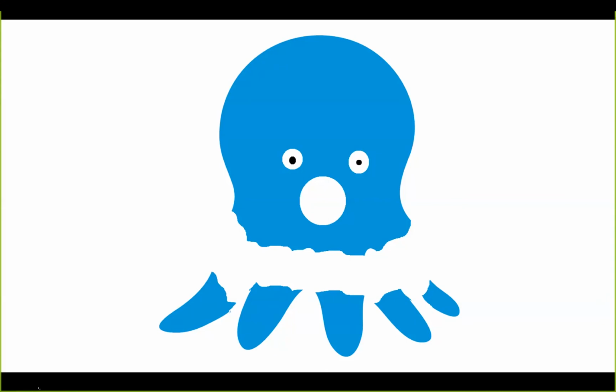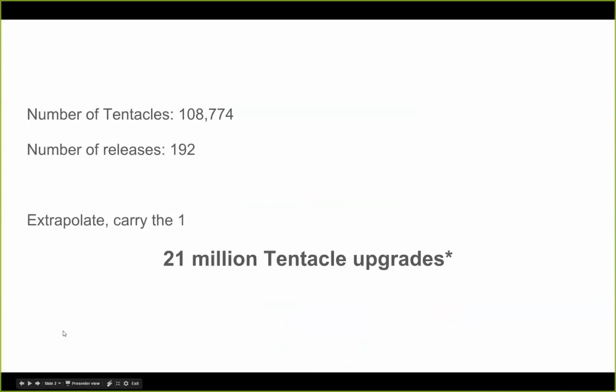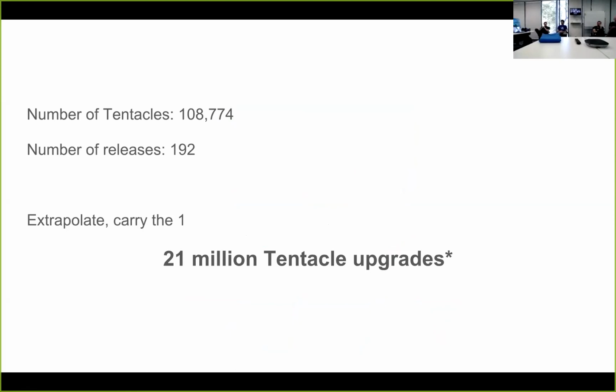So I've got some facts and figures to back up my presentation with science. There's about 100,000 Tentacles that we know about. We've done 192 releases of v3. So that's about 21 million Tentacle upgrades that have happened needlessly.